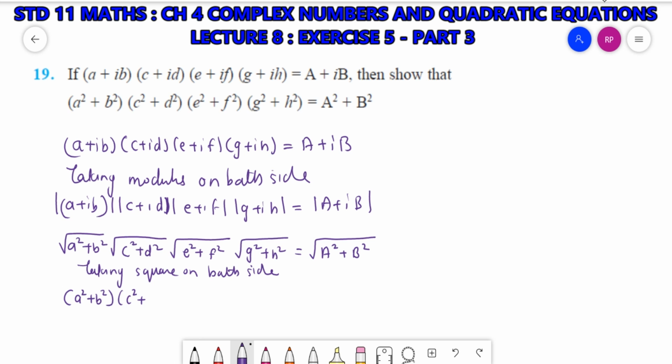So (a squared plus b squared)(c squared plus d squared)(e squared plus f squared)(g squared plus h squared) is equal to a squared plus b squared. Hence it is proved. So what we did: first we took the modulus on both the sides, then on the LHS we took the modulus separately, and then we took the square. So this was about question number 19. Just note it down.